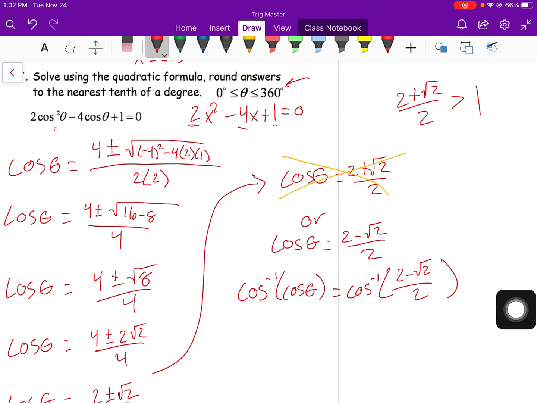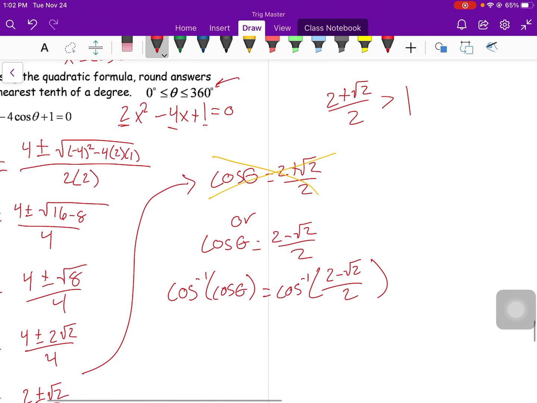So 2 minus square root of 2 in your calculator, then hit divide by 2, which is 0.29289322188. I would want you to use that entire value. This has two values. Okay, two possible values, just like all the other ones.